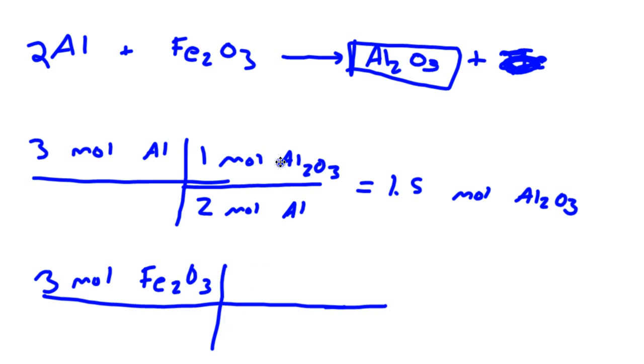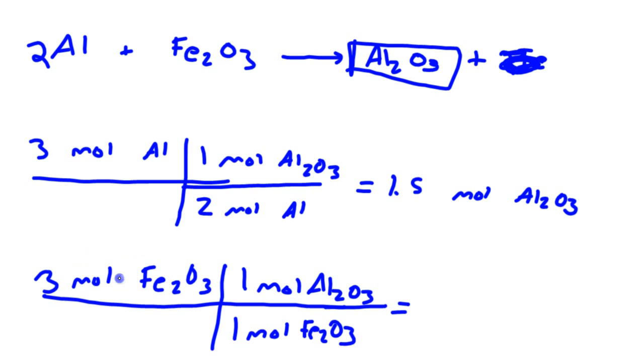So in this case, I need a ratio between moles of iron 3 oxide and aluminum oxide. So I'm going to look at my equation. My coefficient in front of iron 3 oxide is 1, so 1 mole of iron 3 oxide reacting to form 1 mole of aluminum oxide. And then I'm going to solve 3 times 1 divided by 1 gives me 3 moles of aluminum oxide.